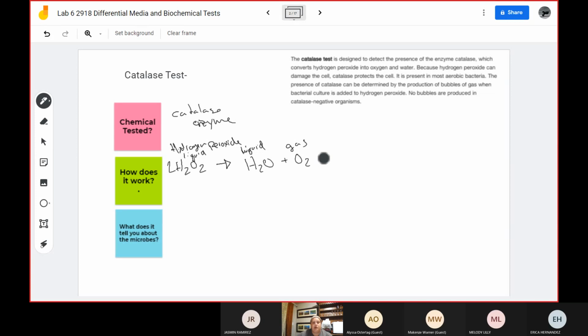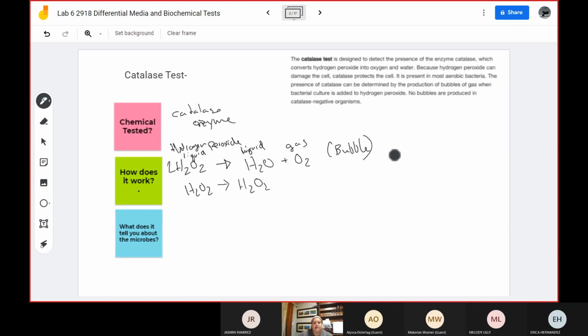When you change something from a liquid to a liquid and a gas, you basically get bubble formation. If the catalase enzyme is not present, H2O2 doesn't actually do anything and just sticks around, and you still have hydrogen peroxide, which is pretty toxic to a lot of cells. So cells want to be able to get rid of H2O2, or hydrogen peroxide, and this is one of the ways they do it, through this catalase enzyme.